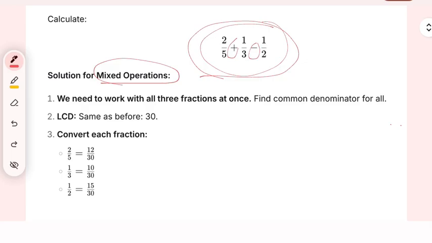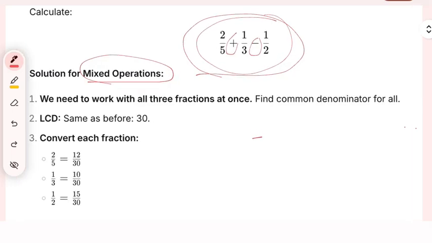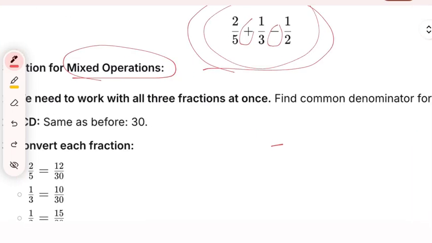I even suggested that the fastest way to find the LCD is to multiply the denominators. So if you have 5, 3, and 2 as denominators, you just multiply the three of them, and that would be your LCD. And we can do that here because these are small numbers.